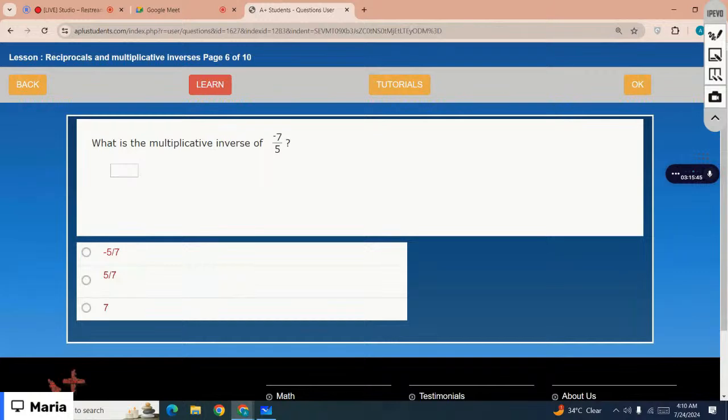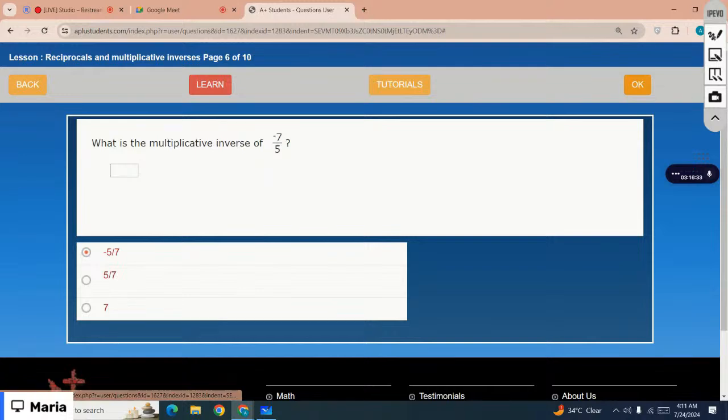What is the multiplicative inverse of 7 over 5? That is negative 5 over 7.